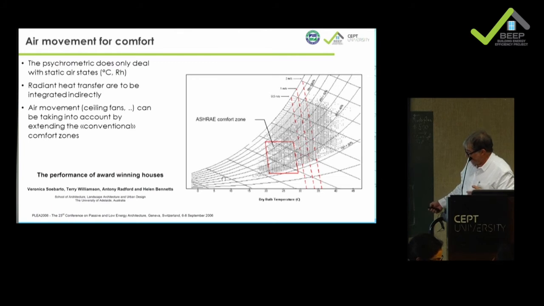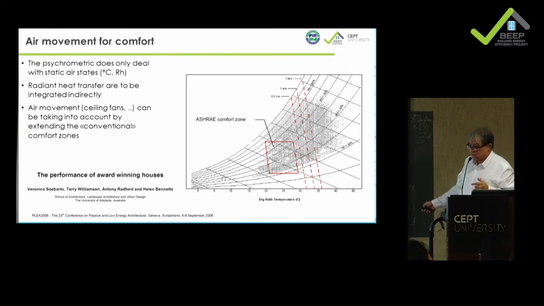We can define more or less, generally the old ASHRAE comfort zone says between 20 and 30 degrees, but this is even already enlarged, and up to 70, 80% RH. You have, let's say, an ASHRAE comfort zone, so to say. But then if you have fans, actually you are better off. Depending on the velocity of the fan that you have around your head, you can increase this comfort zone.